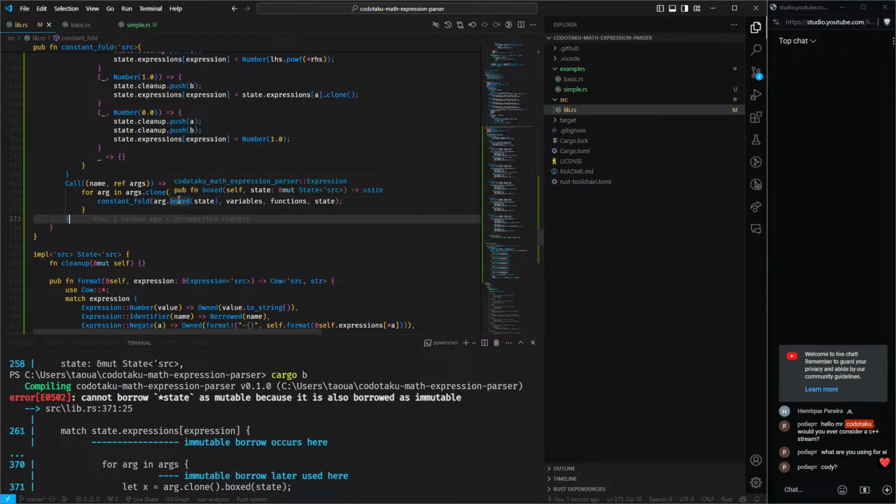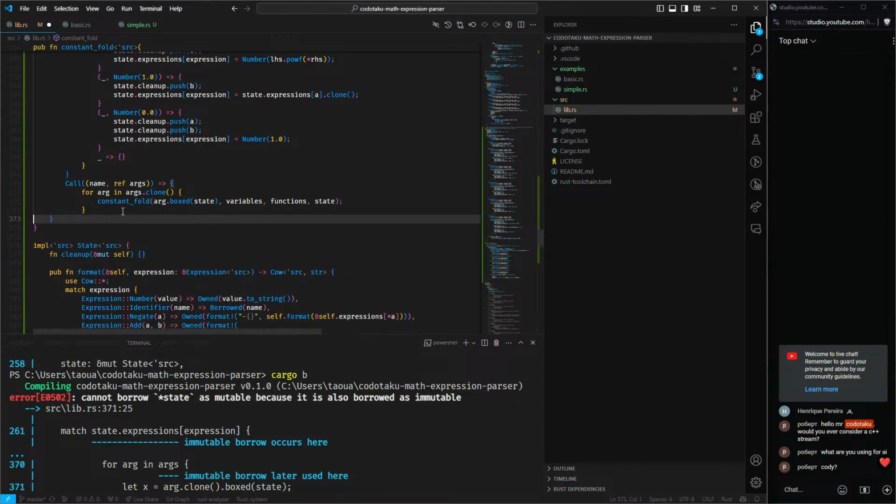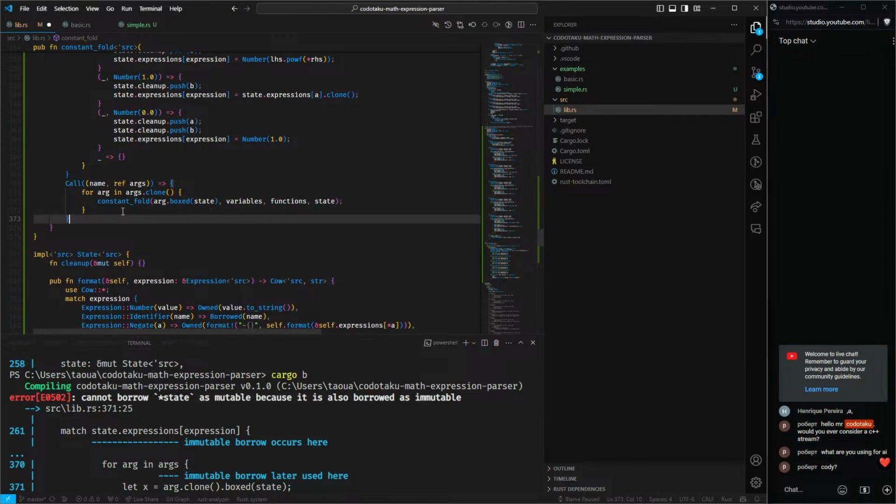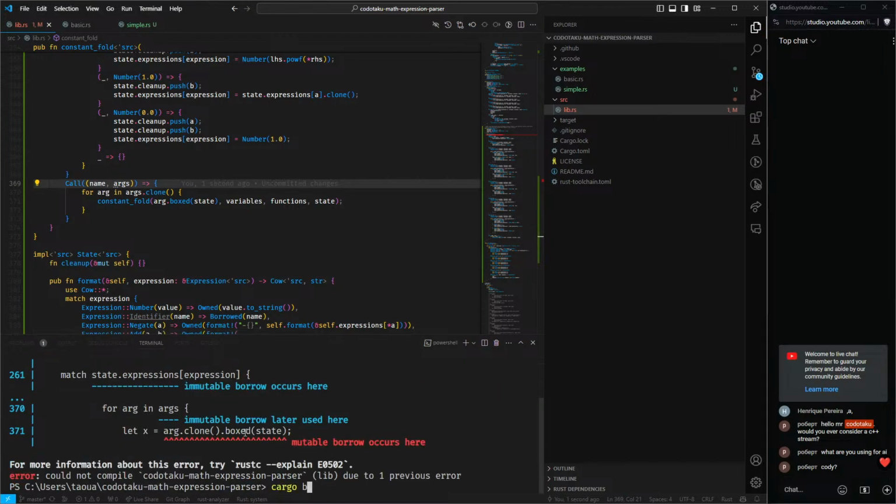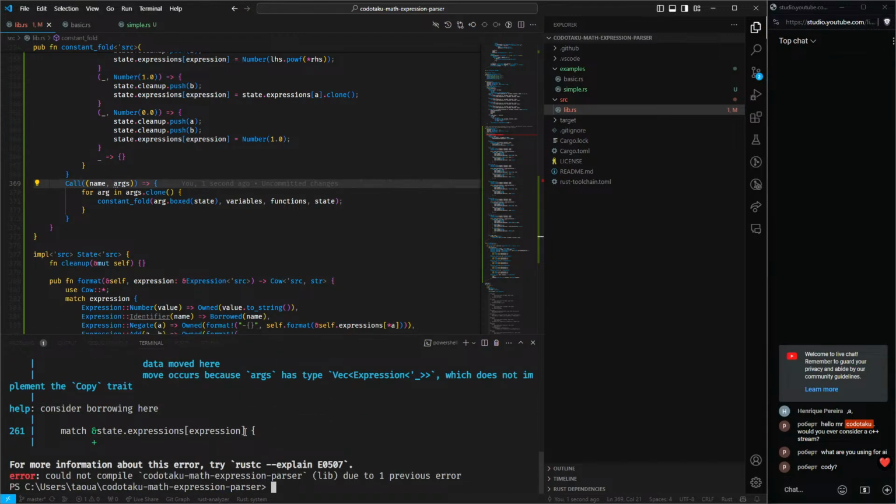This is kind of weird. So I can only use ref here, right? Yes, I think so. Or am I incorrect? Hold on. If we go back without the ref, it wouldn't work.